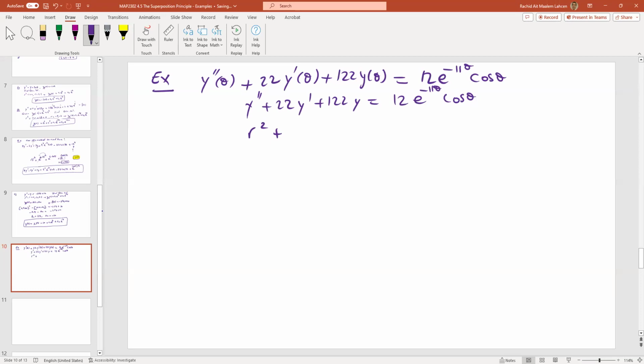We can reduce it to this auxiliary equation, and that gives us two complex conjugates.